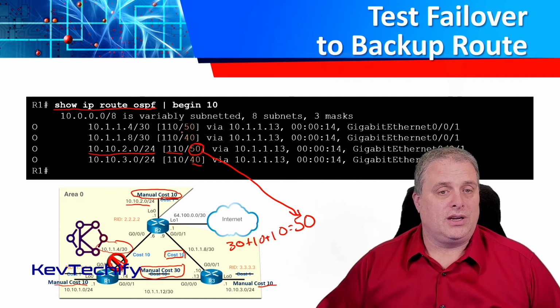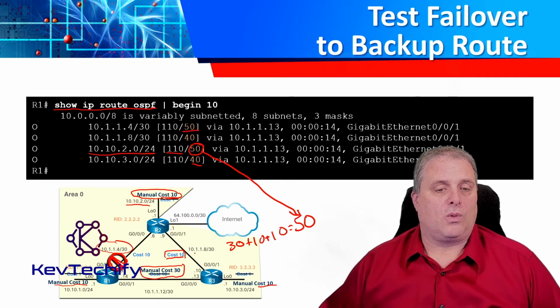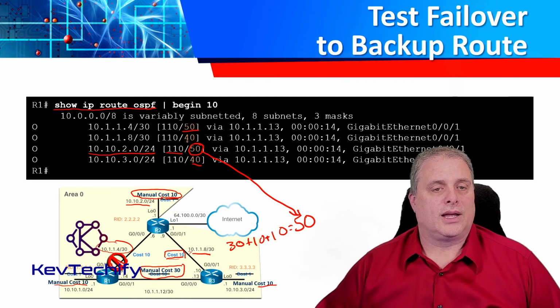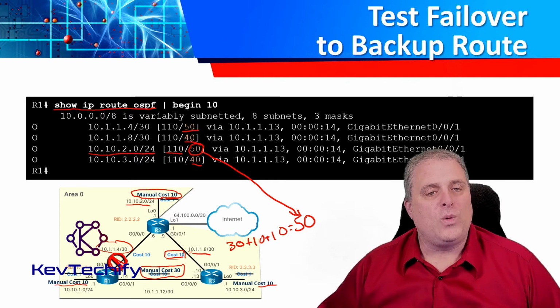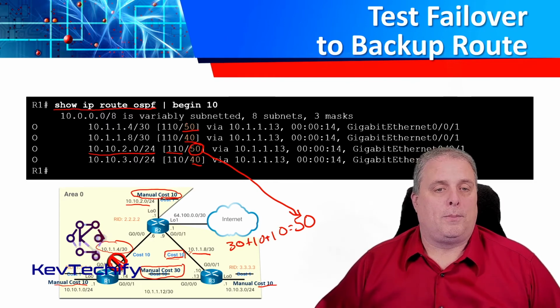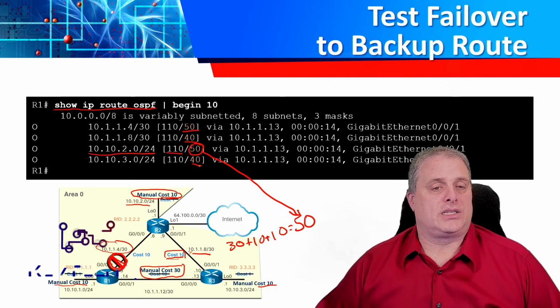That's our 50. To get to the 10.1.1.8 network, we have to go through a manual cost of 30 and then on to 40. That's where this number comes through. That's how we calculate out our best paths to get to our destinations.